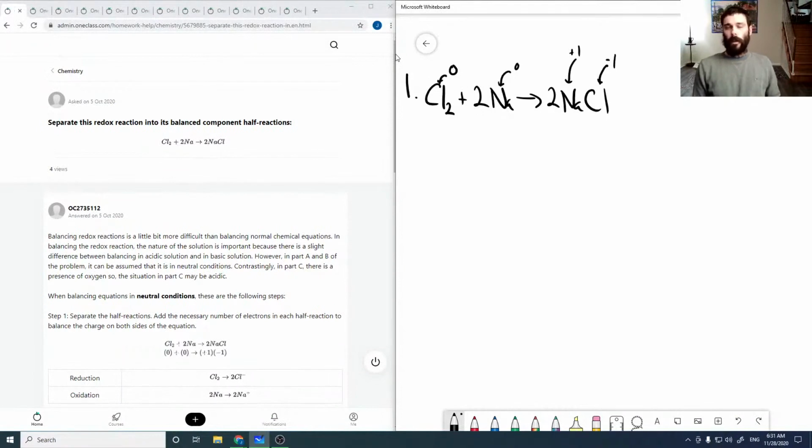So we've got a change in charge state, and that is what happens during a redox reaction. So to split them into their component reactions, we split up the 0 to -1 and the 0 to +1, or as they're called, we split up the oxidation reactions and the reduction reactions.